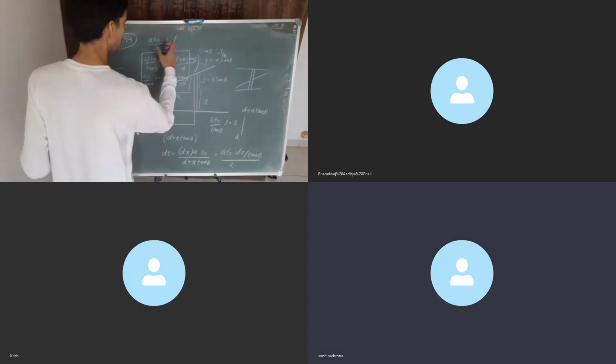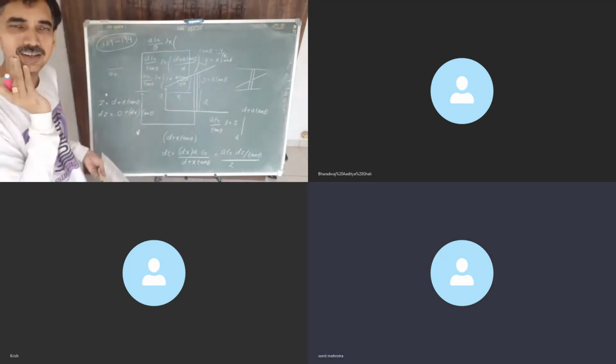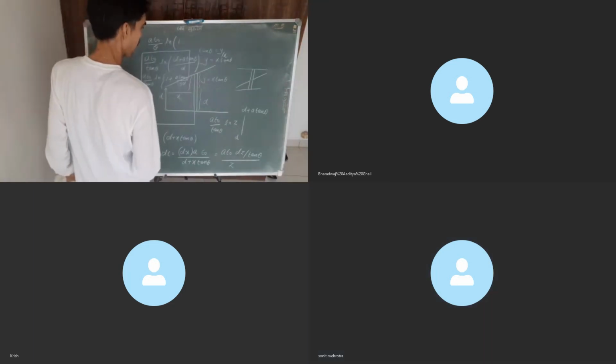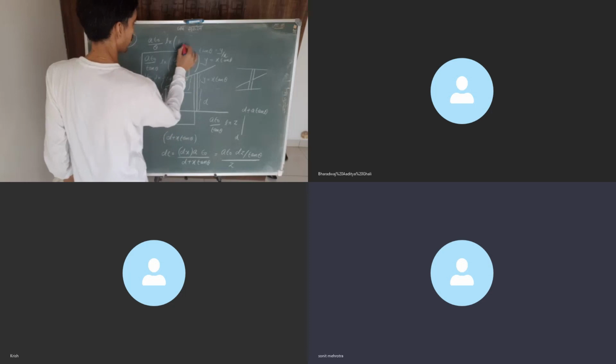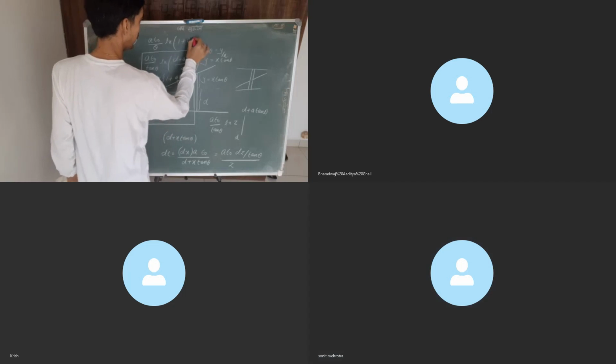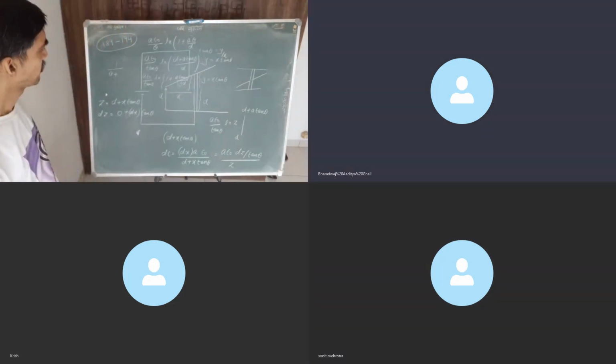What will it be? Tell me. Function of this x, yes, like x minus x squared by 2. 1 plus A tan theta by d, so A tan theta means A theta by d. And then we'll open ln 1 plus x.